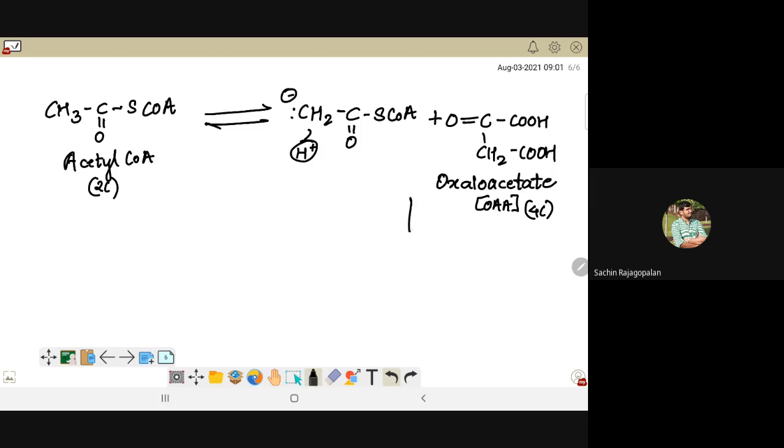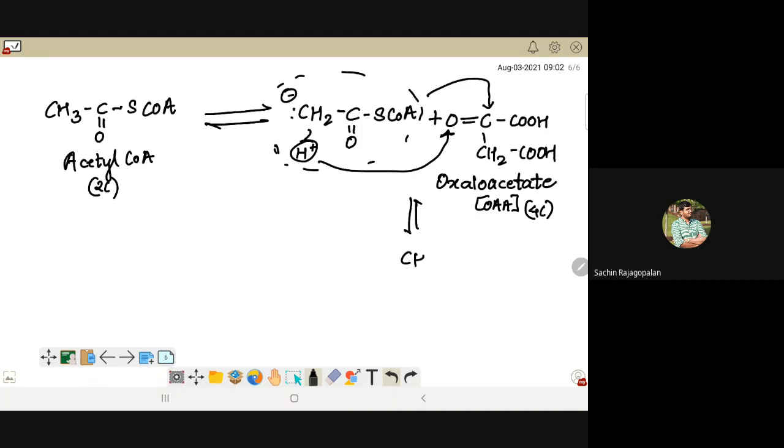So let us see what that 6-carbon compound basically is. This structure that you saw right now is going to come and attach on this carbon, and that's the reason why you got rid of one hydrogen from the methyl group of acetyl CoA. Okay, and at the same time, that hydrogen which was removed is going to be added to this oxygen to form a hydroxyl group, such that this double bond is converted to a single bond.